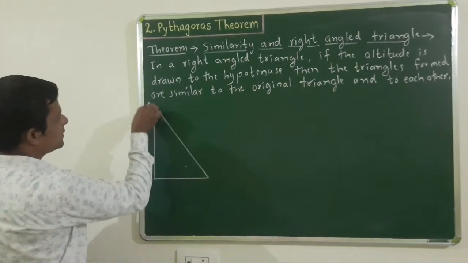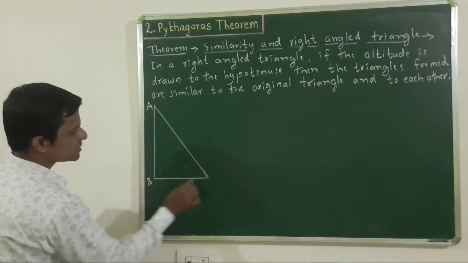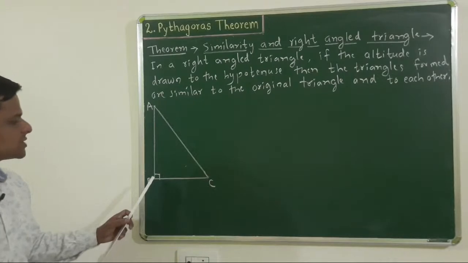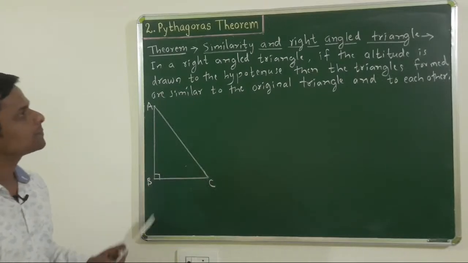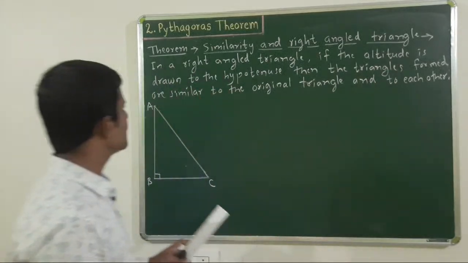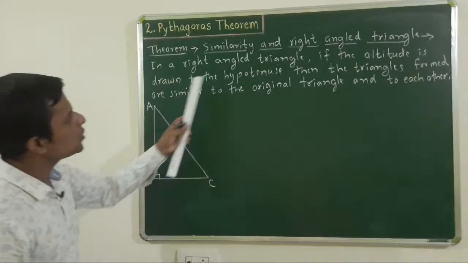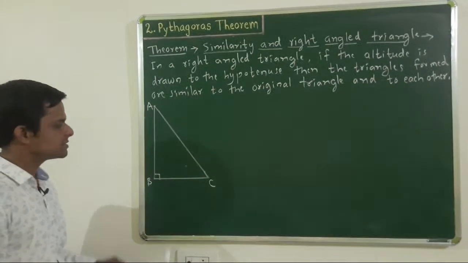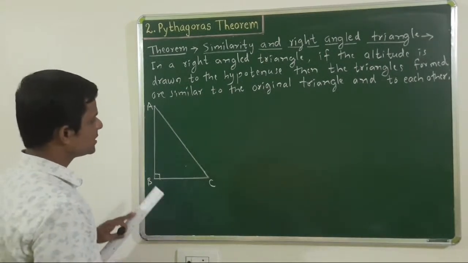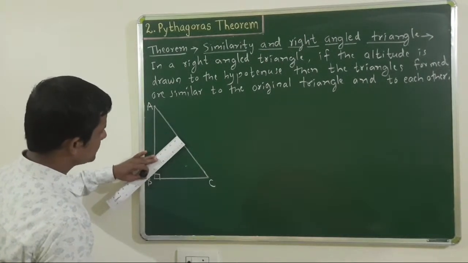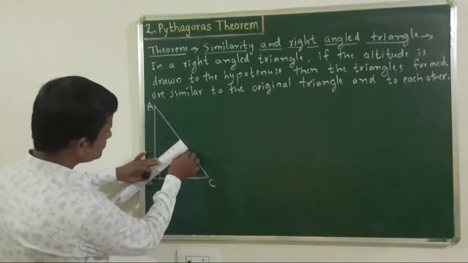Suppose triangle ABC which is right angled at point B. If the altitude is drawn, we have to draw one altitude on the hypotenuse. Here the hypotenuse is AC. Altitude means height. We have to draw the height on the hypotenuse AC.